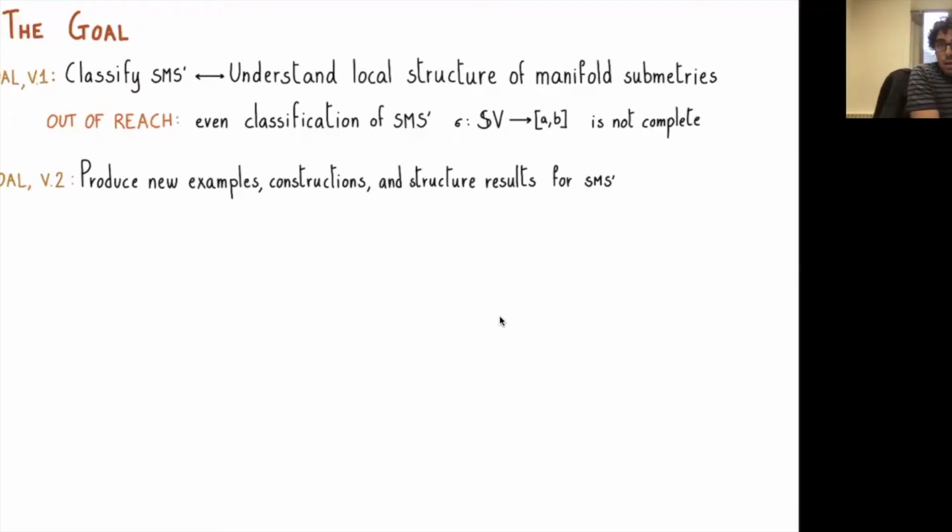On the one hand, producing new examples and constructions, and on the other hand, trying to produce structural results that limit the amount of things that you can imagine possible, until possibly the two directions coincide and you get exactly a full classification.